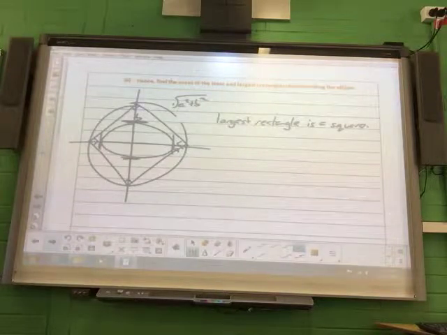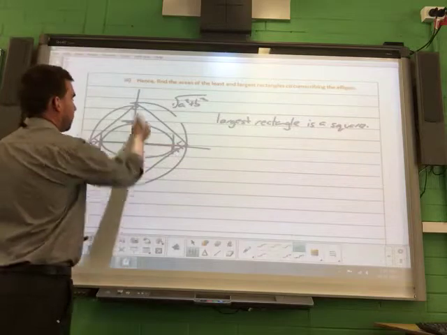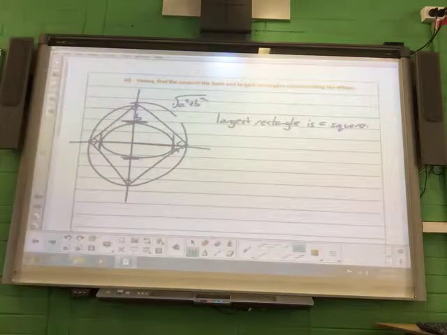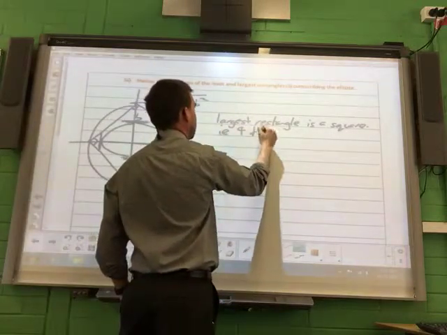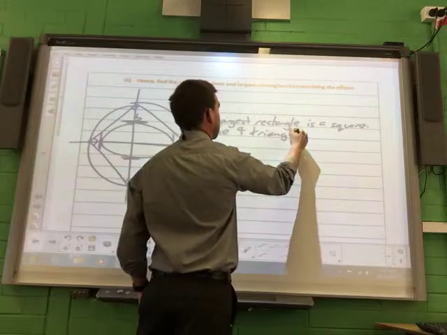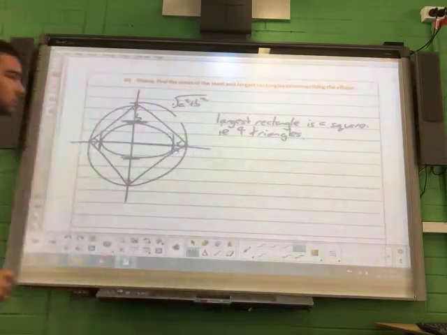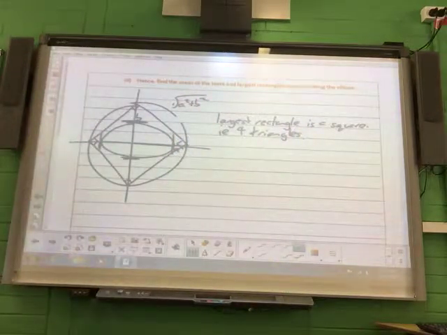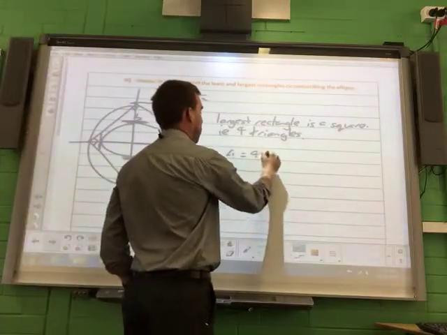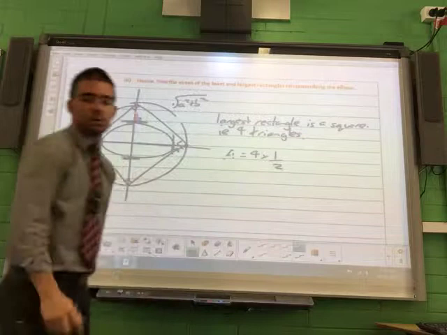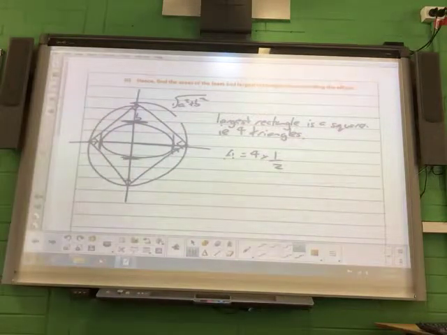Right, so I've got four triangles really, of the same base and height. So the area is going to be 4 lots of half base times height, for the area of the triangle.